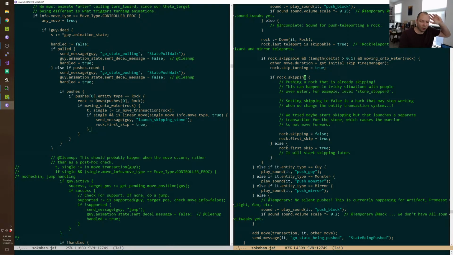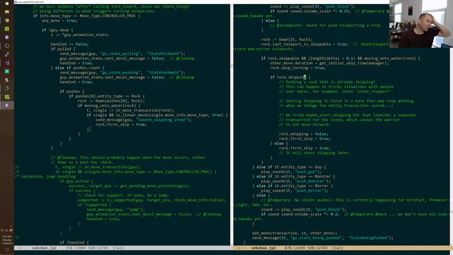I could almost imagine there's a situation in which you would enter the same square as the stone, but that would be very contrived to set up. Very contrived. I will make a note of this when I do this.